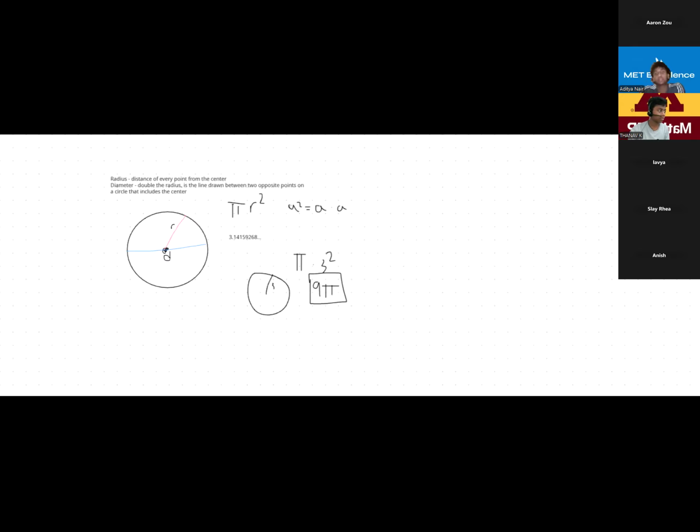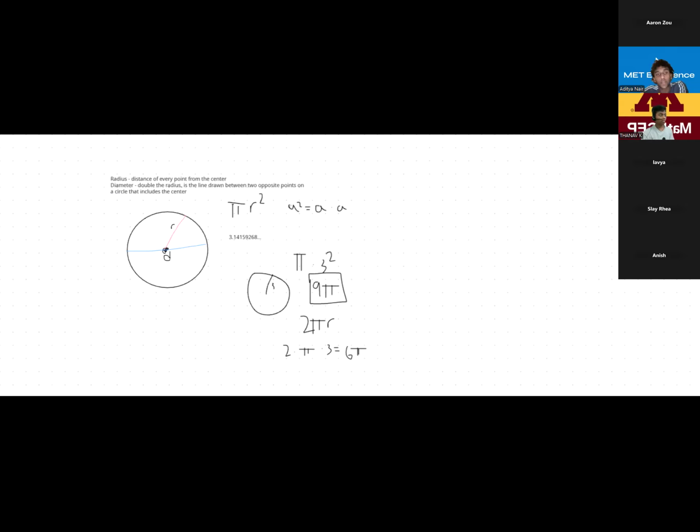All right, so our circumference, sorry, it's gonna be 2 pi r. So we have 2 times pi times 3. This is what our circumference is equal to. 6 pi.